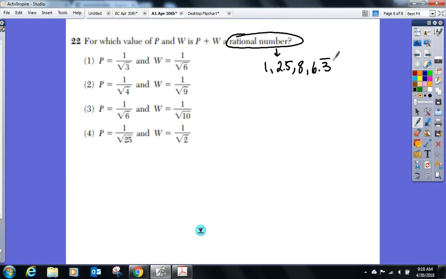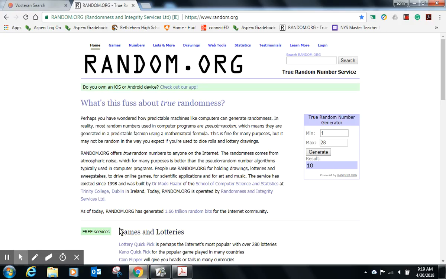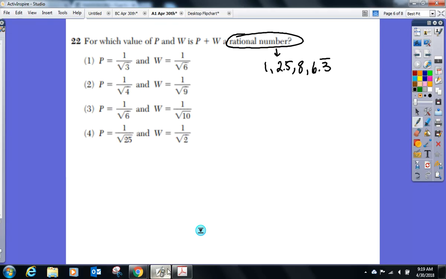That's another trick: you can always turn a rational number back into a fraction. Did we find it?